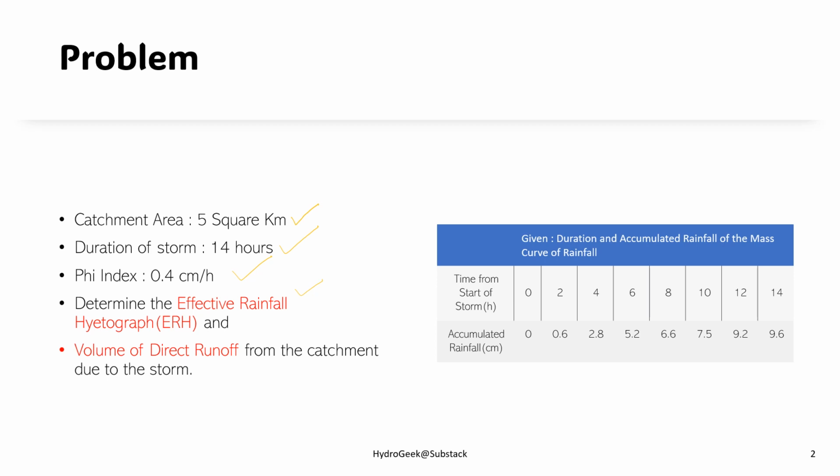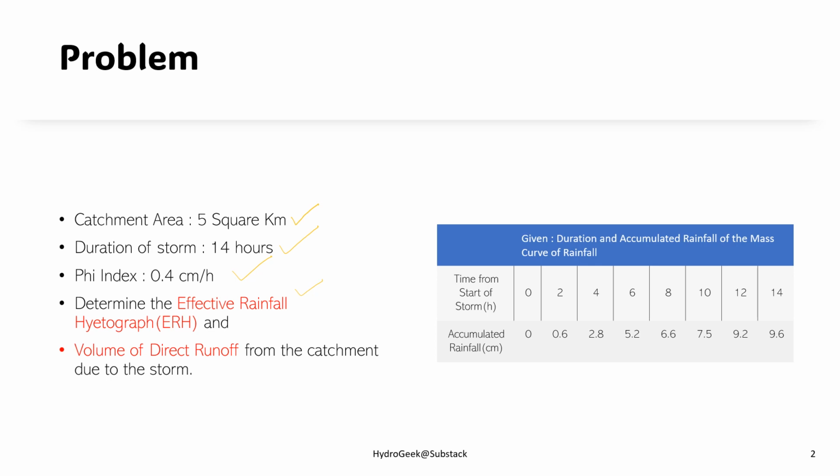Now, mass curve is nothing but the values of y-axis incrementally summed. That means the first value is added to the second value and then shown as the second value at the y-axis.